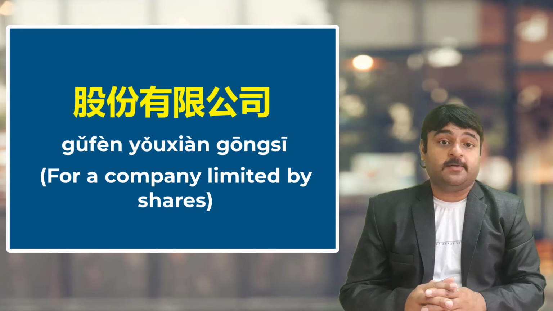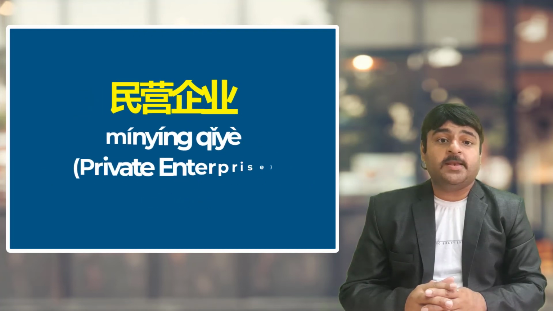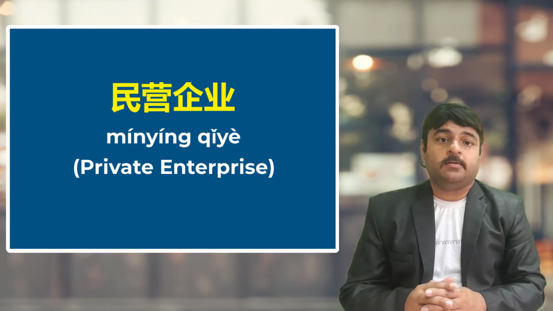First we have the name of the company along with the type of company. So this is a public limited company or 民营企业 a private enterprise. So either it is public limited, so for example it is ABC Public Limited or ABC Private Enterprise or Private Limited. Next we have the registered capital of a company.